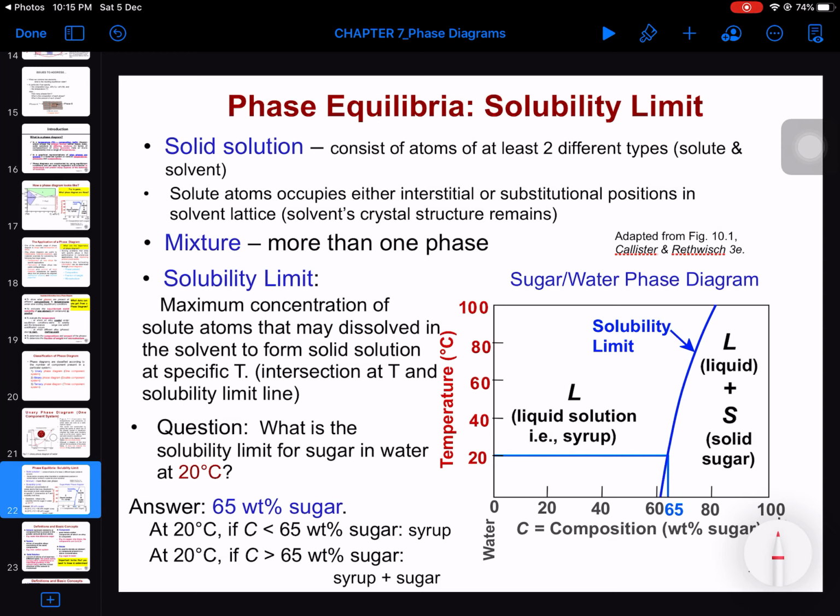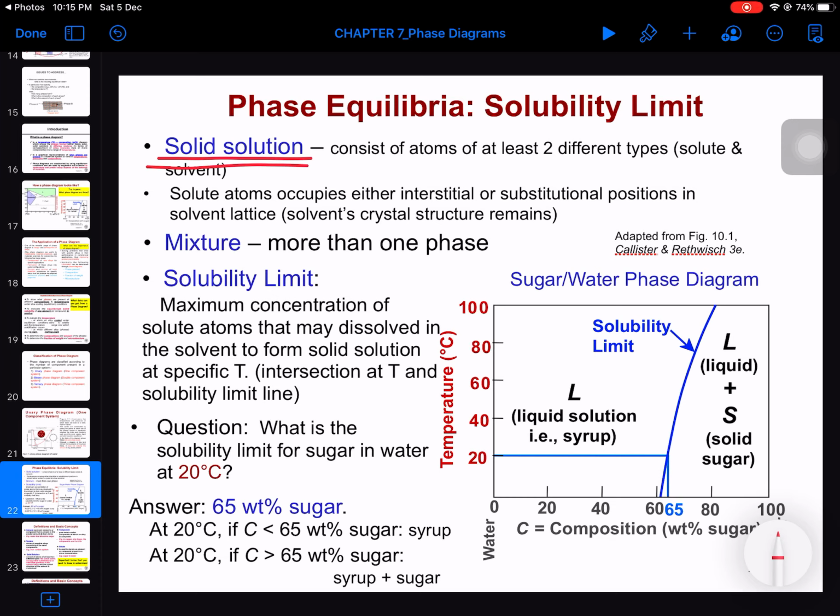And here we are looking at the solubility limit. The first concept that we need to understand is the solid solution. We already looked at the idea of solid solution in the previous chapters, in chapter 4, during imperfections in solids.